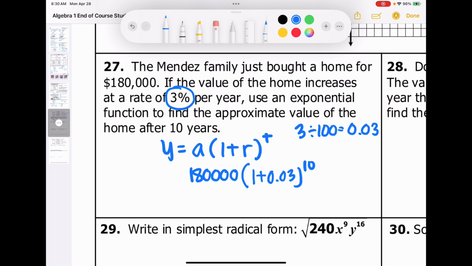Then I need to plug that into my calculator, which will give me $241,904.95.